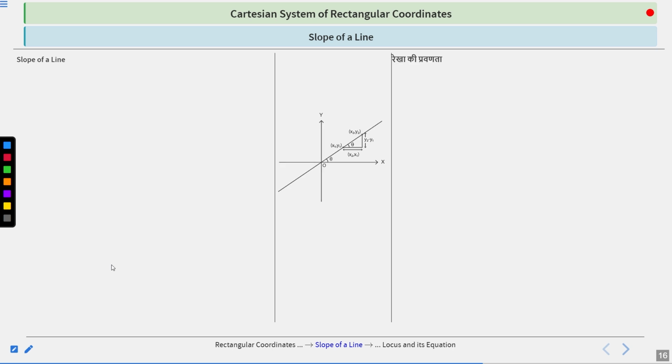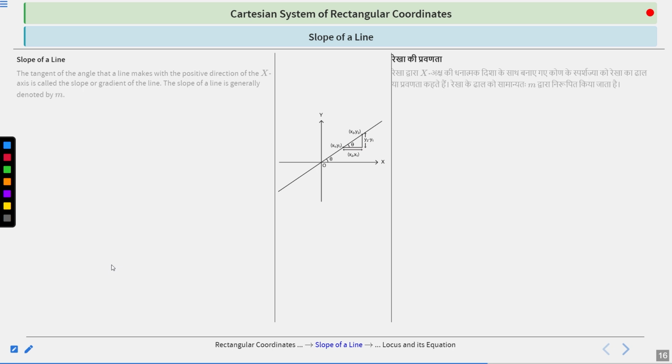Now let us see the slope of a line. We have a given line having coordinates (x1, y1) and (x2, y2). Clear? So the tangent of the angle that a line makes with the positive direction of the x-axis is called the slope or gradient of the line. The slope of the line is generally denoted by m. Thus, m = tan theta.